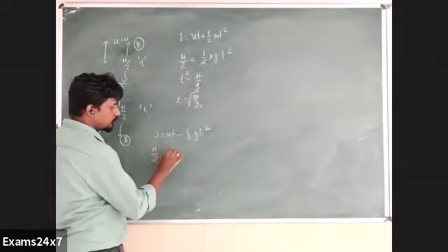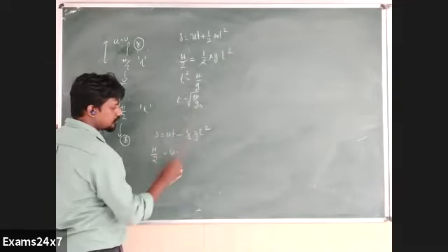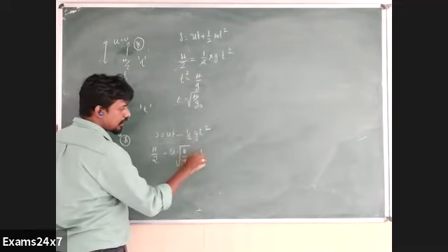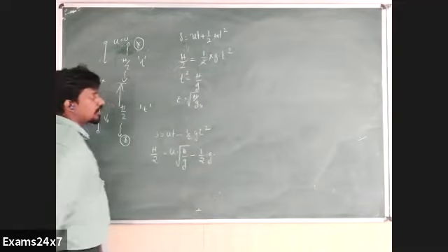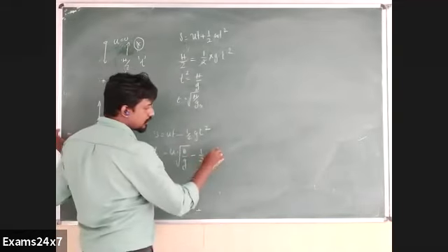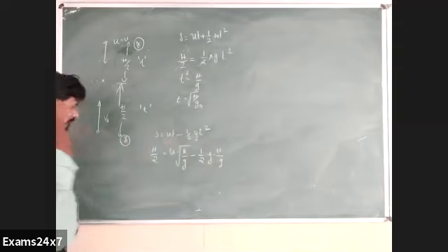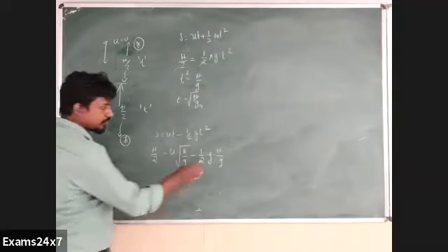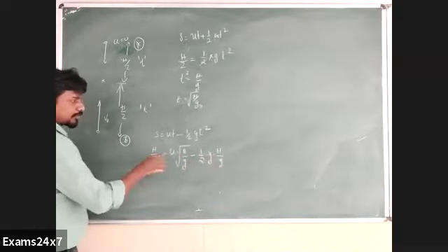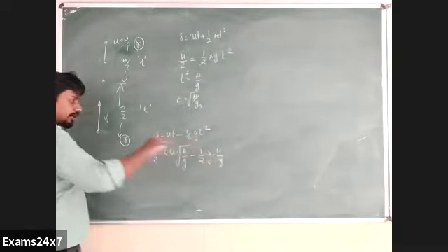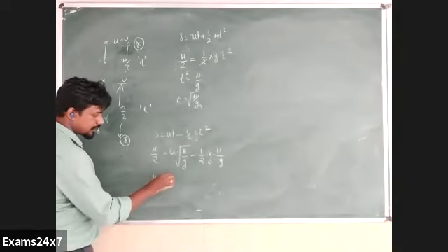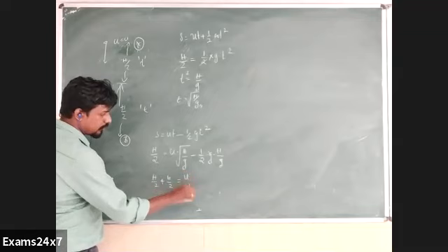Substitute t is root of h by g: h by 2 is equal to u root of h by g minus half into g into h by g. g cancels. h by 2 plus h by 2 equals u into root of h by g.